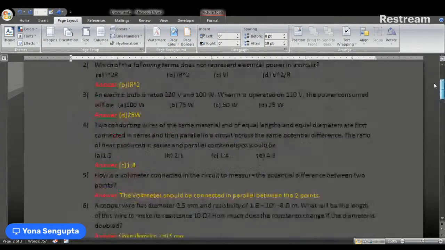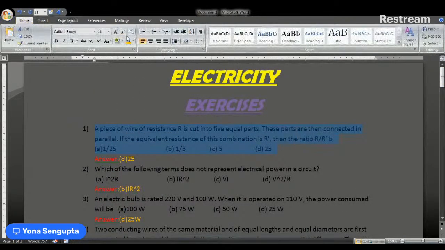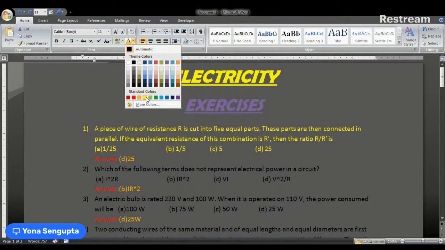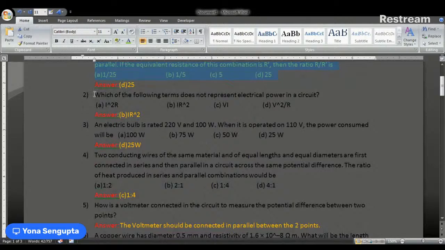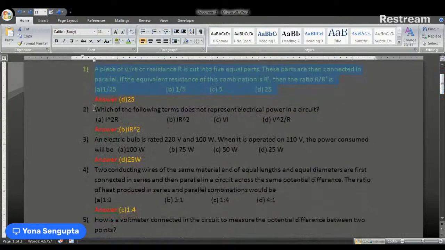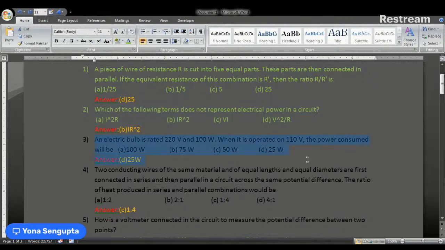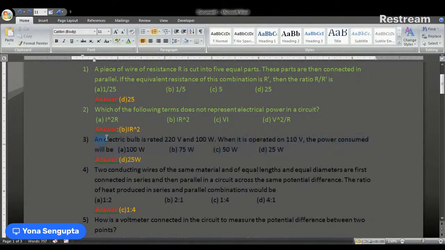Okay, so I hope you can see. From the first, I am showing you the answers. This is the answer of number 1. This is number 2. This is number 3, which I'm highlighting.